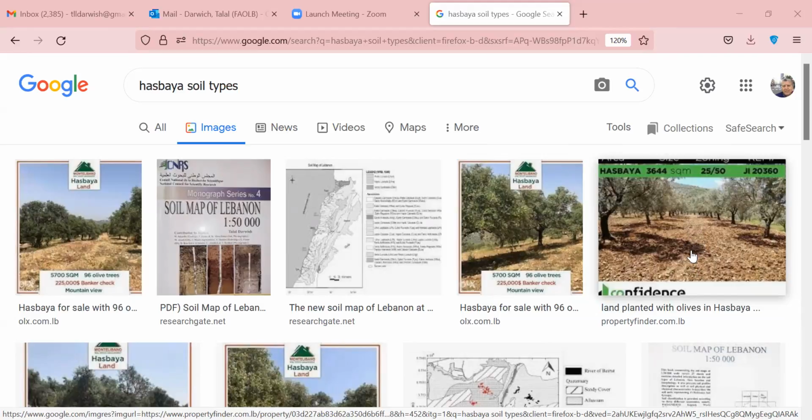Here the soil is cumulative. I think it is perhaps a rego soil because it is accumulated from erosion, and it must be deep and stony.